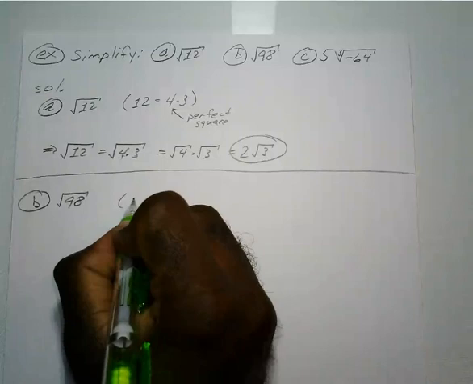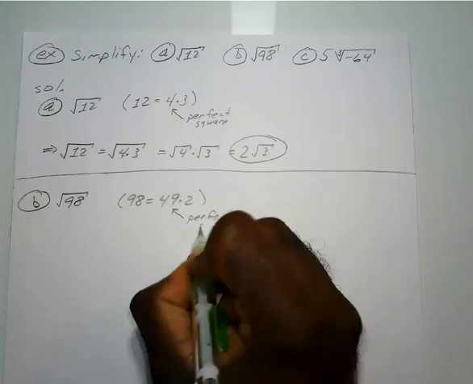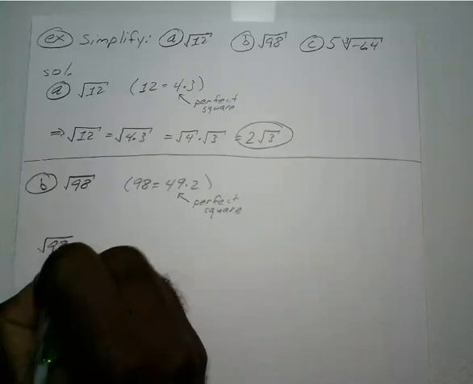Okay, so now we're going to go ahead and go through the steps. So if we started off with our square root of 98, we're just going to make that the square root of 49 times 2. And remember, when we're multiplying, we can just go ahead and separate it.